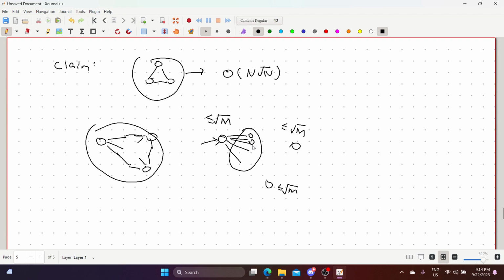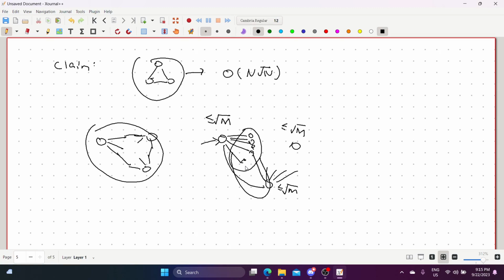Then after that, for each of the adjacent vertices, you also visit all of its neighbors. If the neighbor is part of the visited set, that means you already found a triangle. Once we found the triangle, we can go and do the update.